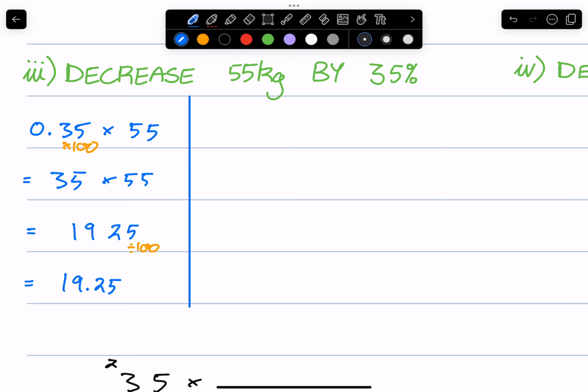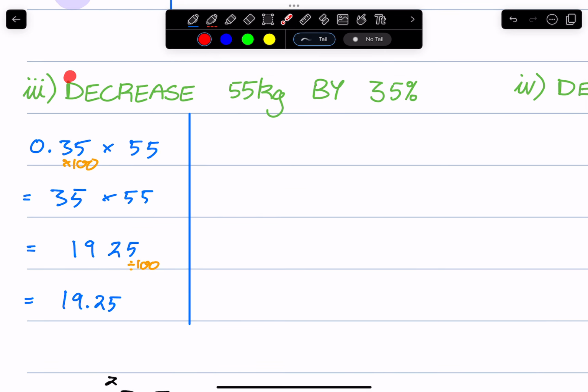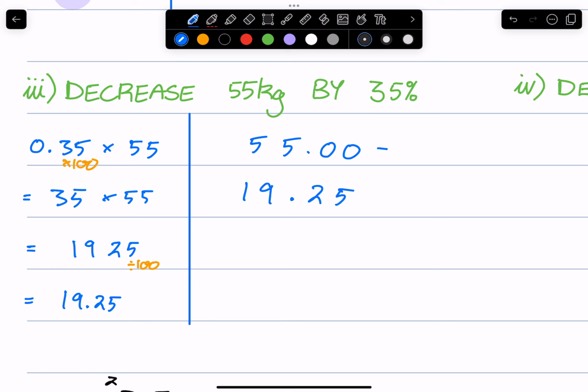So this first step is finding 35% of this amount. And then the next step is just subtracting it because it is a decrease. So this becomes 55. I'm going to write it as 55.00 minus 19.25. And this is just a column subtraction now.